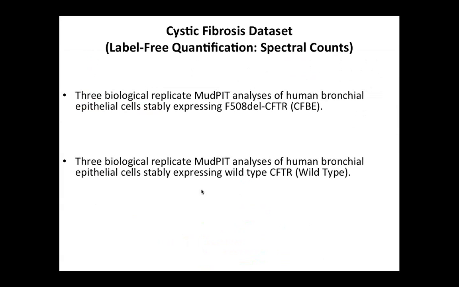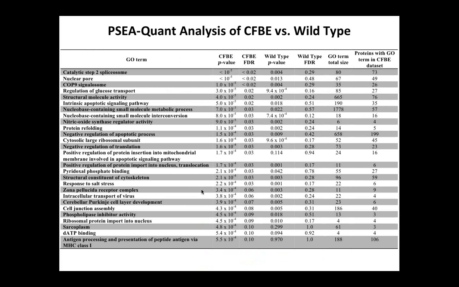Now, we can also contrast another condition. So if we have, for instance, 3 biological replicates in that case of the same cell line but expressing a wild-type CFTR, so a normally folded version of the CFTR protein, then we can contrast 2 conditions and see if certain GO terms were significant in one of our analyses, for instance, where we had the CFTR mutant, and not in the wild type, so that we can see if certain pathways or biological processes are playing a role in the conditions that we're studying.